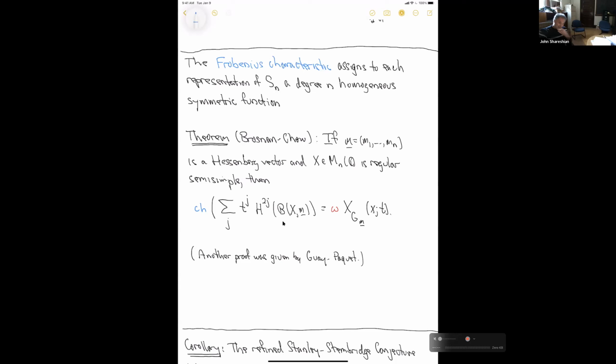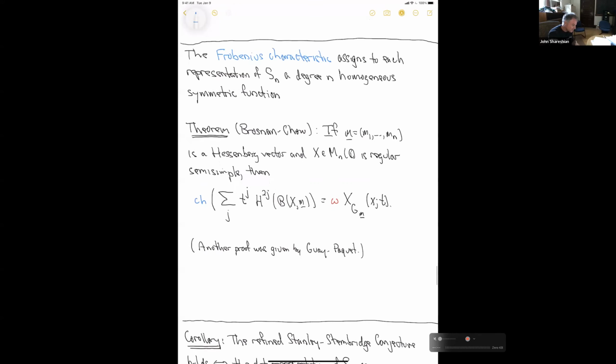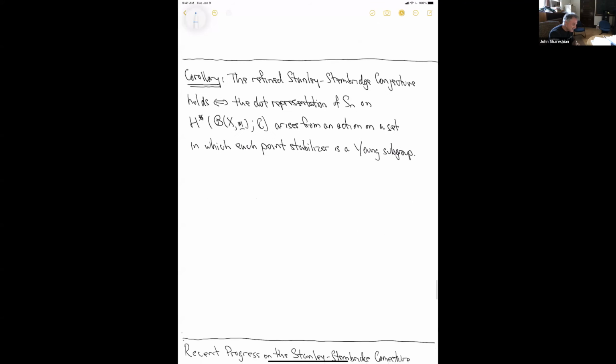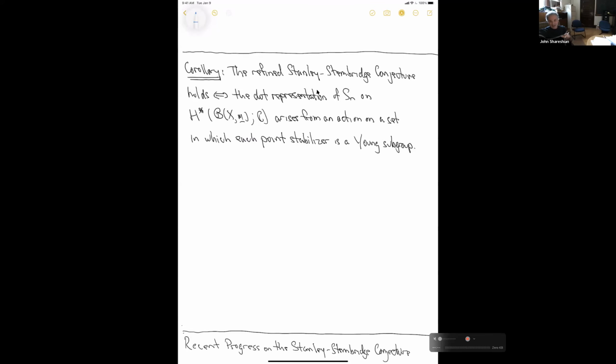And so what good is this? It changes the graded Stanley-Stembridge conjecture to a question about this representation arising in geometry. And if you've read Bruce's book or Richard's book, this is a restatement of the refined Stanley-Stembridge conjecture. It says that the dot representation of Sn is an h-positive symmetric function, or has h-positive Frobenius characteristic.